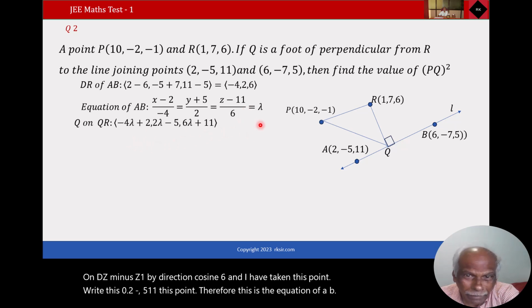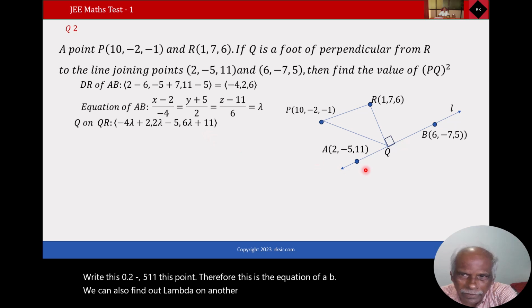We can also find lambda in another way, because this divides in the ratio lambda to 1. We will see that later.